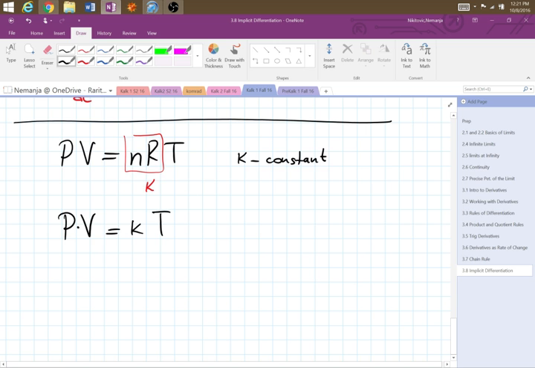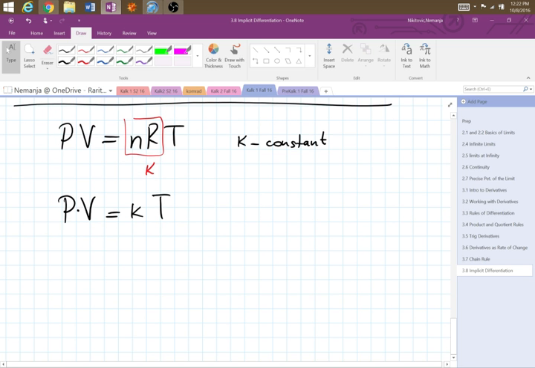If volume is constant, let's say the tire can't expand, then you don't have the product rule anymore because V becomes a constant. So these are kind of analyses that you are doing, and you will know when you take a derivative whether you have to follow with the chain rule or not.